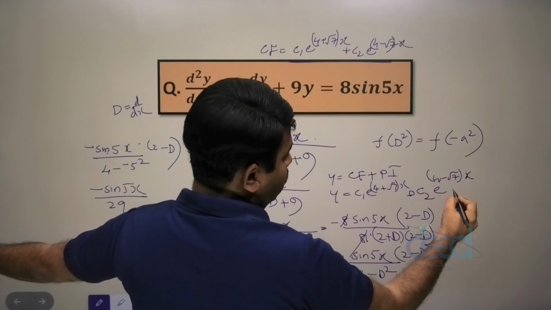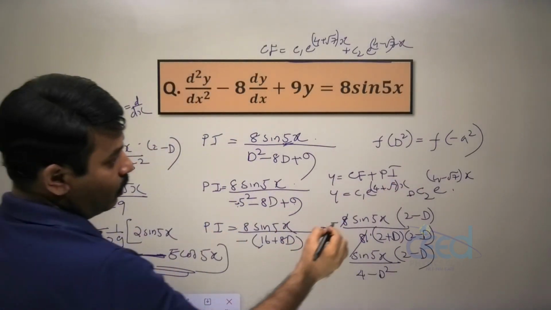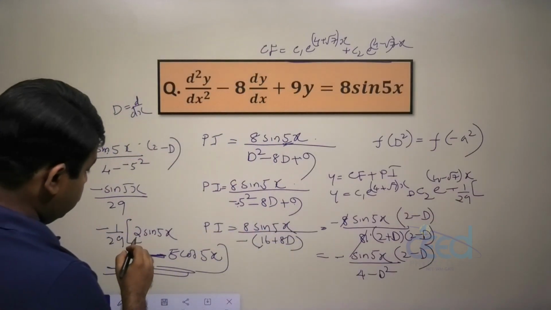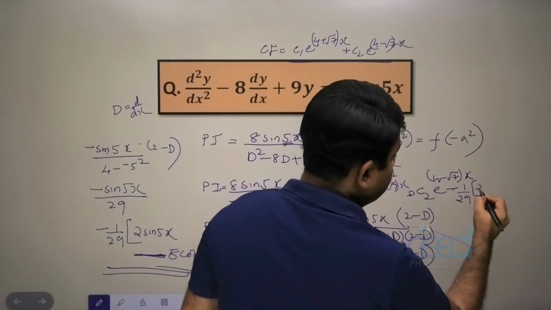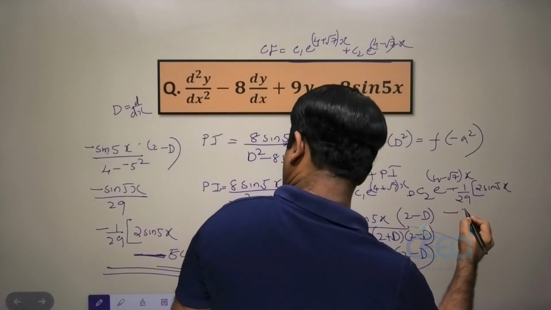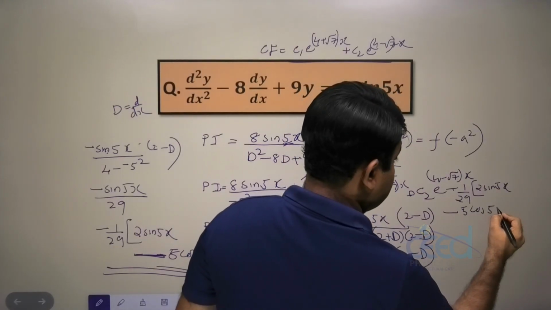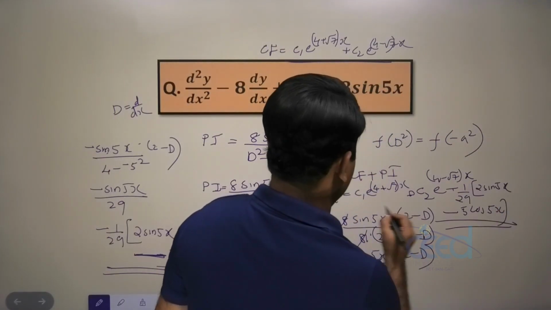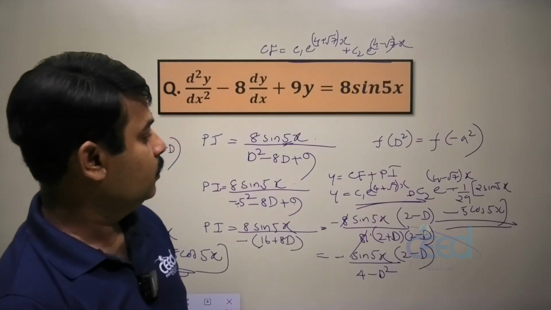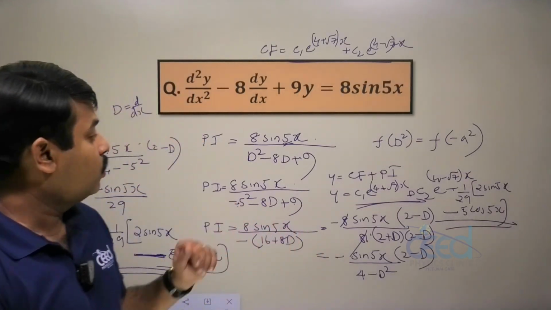Then this part, minus 1 by 29 into 2 sin 5x minus 5 cos 5x. This is the total solution, right? Understood? Alright.